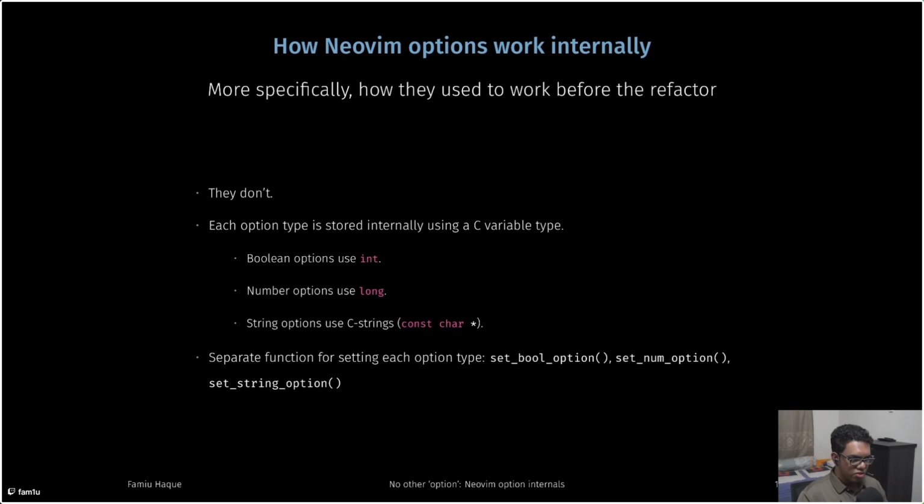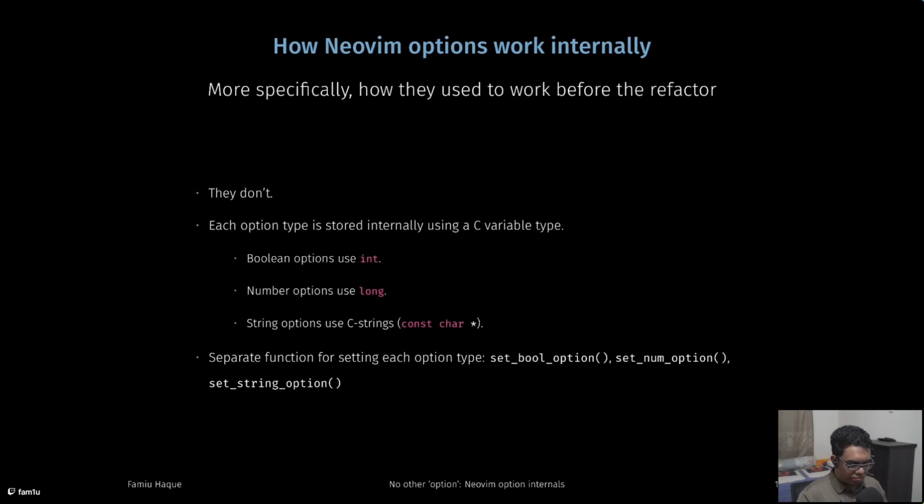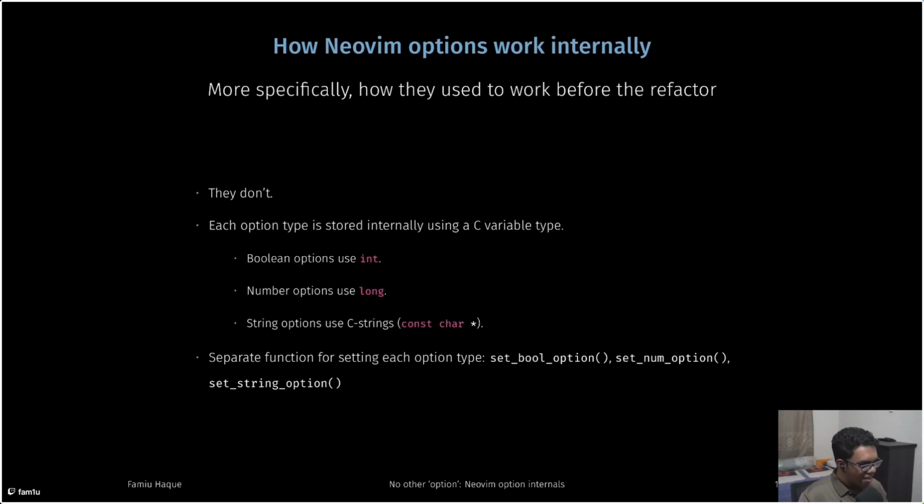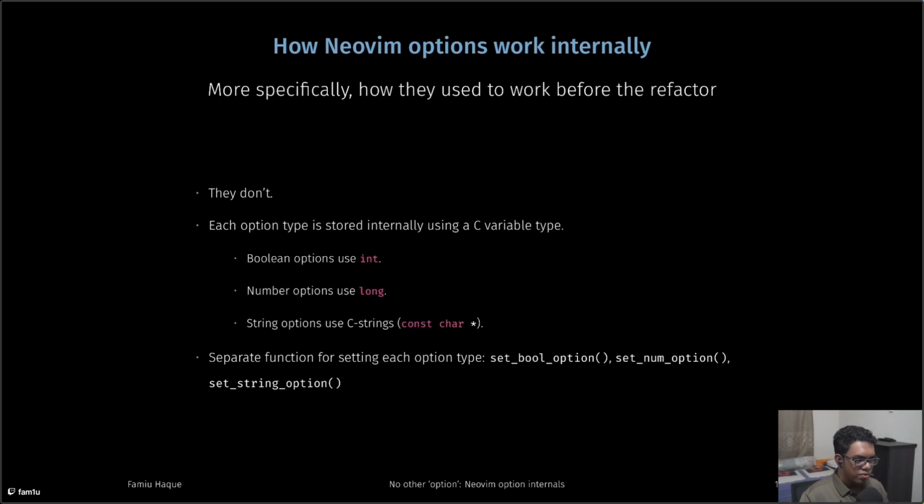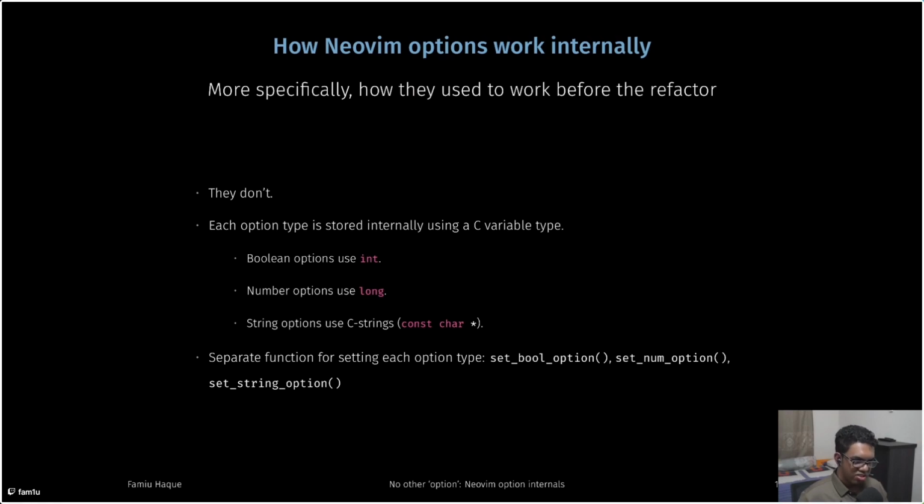Number options use long. Why long specifically? I don't know. String options use C strings. Const char, this is a C string. Null terminated. If you know C, you basically know what this is. Could we have used something better like a custom string struct or something? Sure, I guess. We didn't though.